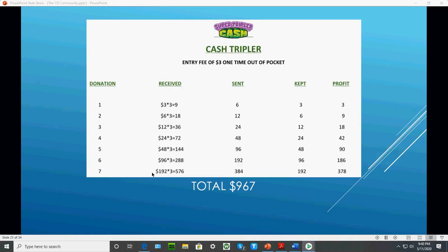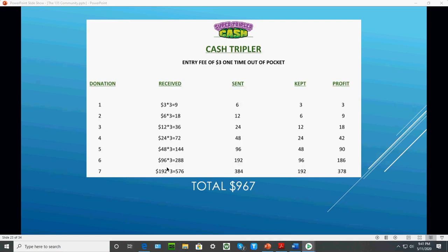Now the 3 people are going to donate to you in the cash tripler $192 each. That's $576 that you take in. You're going to take $384 and donate that to your inviter. You keep $192 for yourself. That's $378 that you've accumulated to this point in the cash tripler. That's $967 to this point.